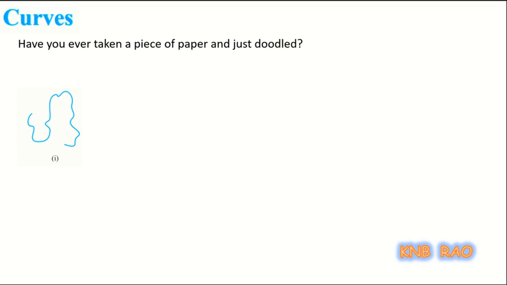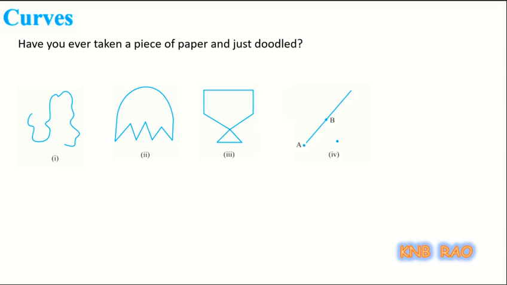This is done without lifting the pencil, and this could be another one which you might have done without lifting the pencil. This is another one. But sometimes to draw this fourth one, you might have lifted the pencil.